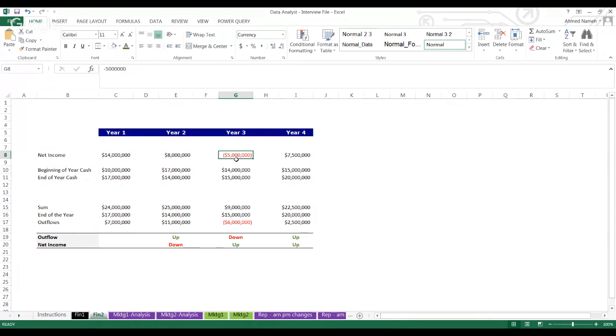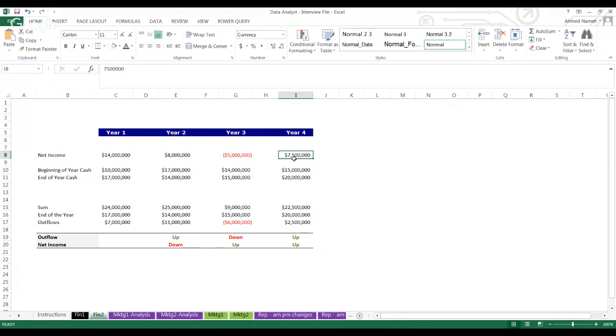A potential scenario for why this could have been the case is that the company may have recorded a lot of sales that brought in a very healthy cash inflow, but those sales were made for services that weren't rendered until year four. So while they collected the cash in year three, they weren't able to recognize any of the revenue until year four.